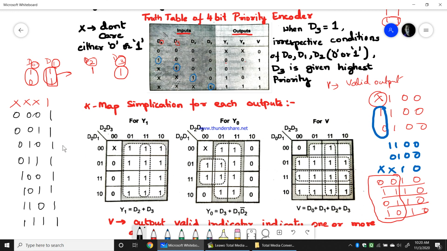So if I write in this way, this is 8 values, this is 4 values, 12, plus this is 2 values, 14, and plus this 0 0 0 0 is 15.